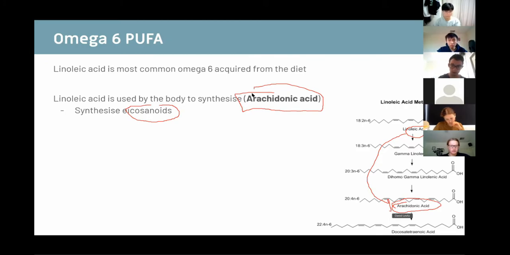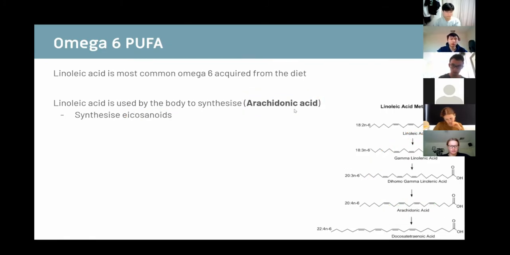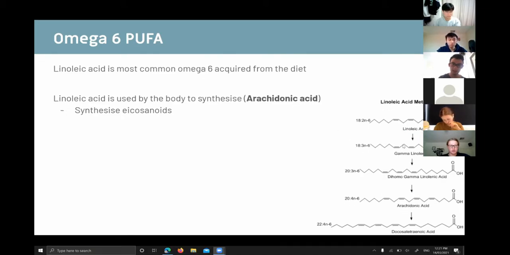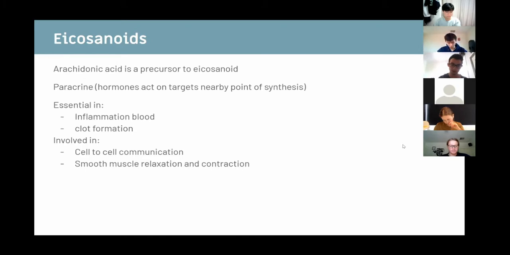Not important. Next slide. Arachidonic acid might come back later in pharmacology. These are important concepts, but not for lipid metabolism right now. Paracrine hormone means it acts on nearby targets. Yep, we said all this. Next slide.